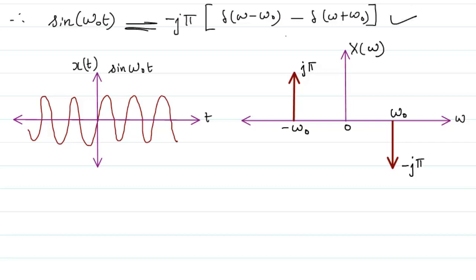One is at omega naught, with amplitude minus j pi, and the delta function at minus omega naught has amplitude plus j pi.